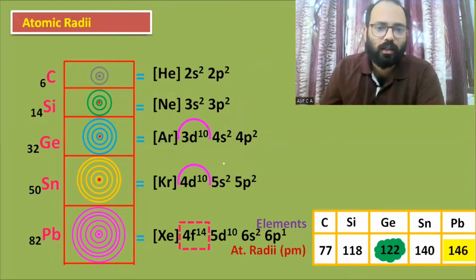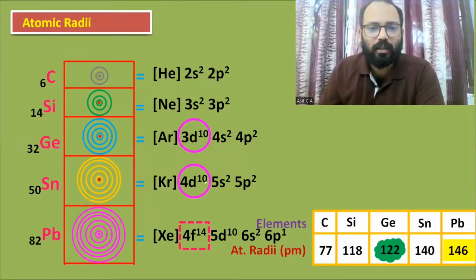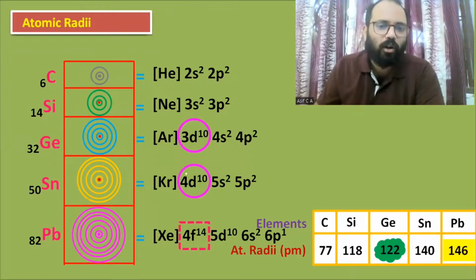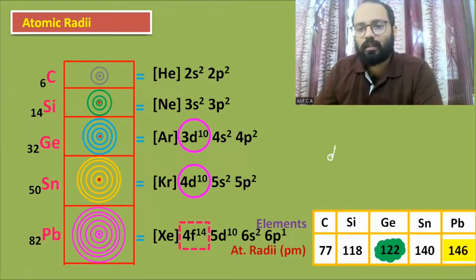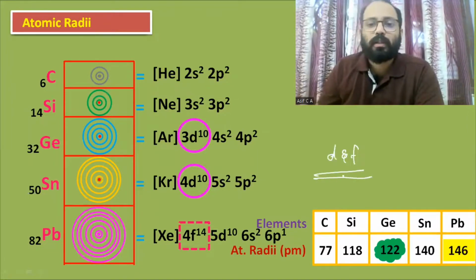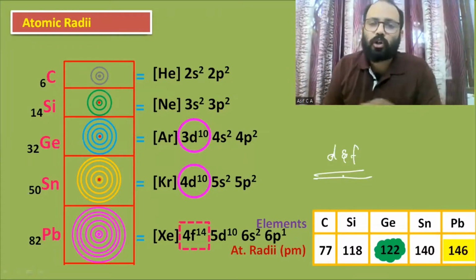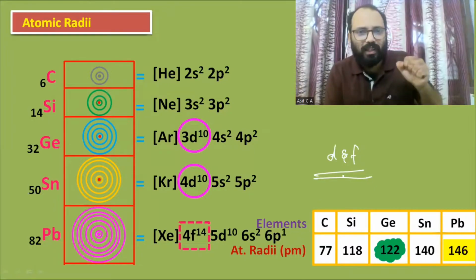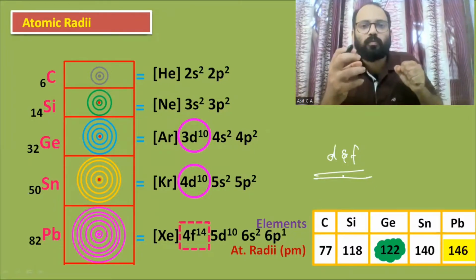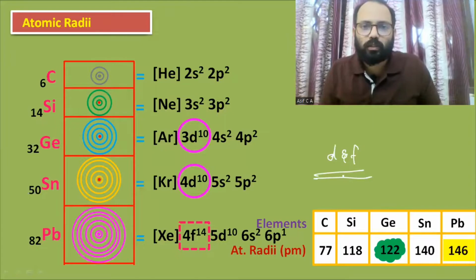Why does it not increase much? Look at the electronic configuration, you will get the idea. Fully filled d orbitals and f orbitals are present in the heavier ones. What is the problem with d and f orbitals? They have a poor shielding effect. So when their shielding effect, their protecting power, is very low, what is going to happen? The nucleus will exert its maximum force on the outermost shell.